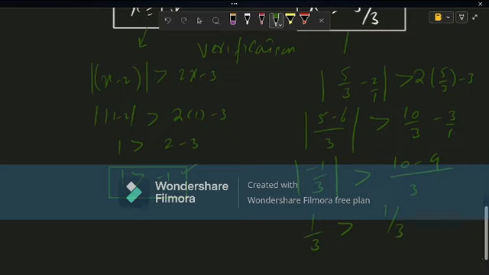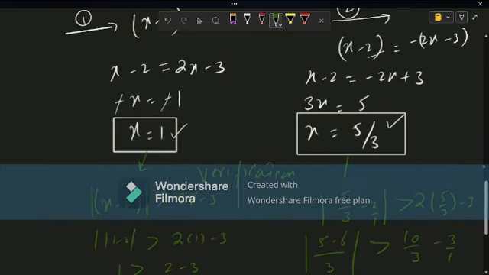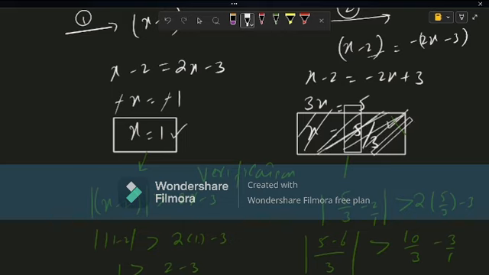That's not possible. Never choosable. It means that this value is not a perfect choice. It dissatisfies, so let's cross it. This one is totally wrong. Not possible.